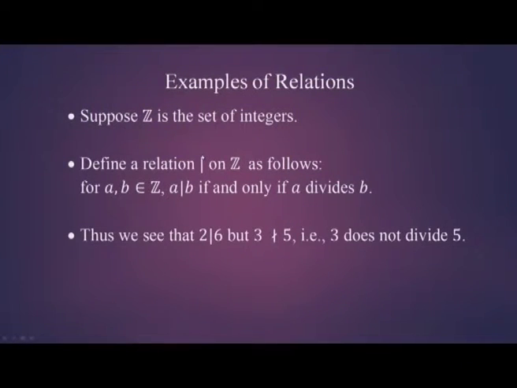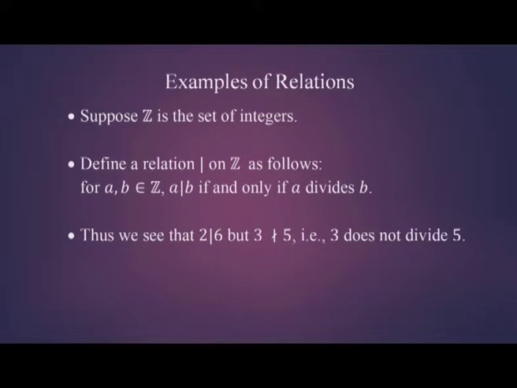We write the relation by the symbol, a vertical straight line, on Z, as follows: for A, B belonging to Z, A | B if and only if A divides B. So, we will commonly say that A is related to B if A divides B.